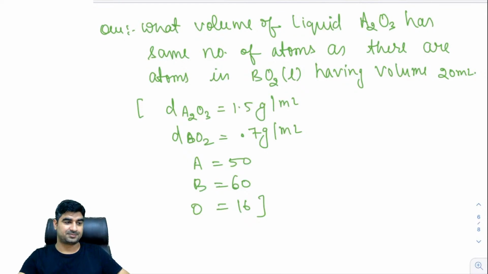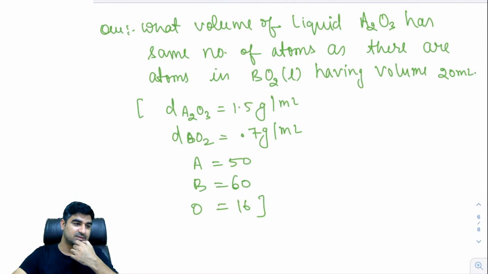Any answers? Any answers? 9 ml. Correct. Somil said 9 ml and it's correct. How are we going to solve it? Yes, tell me how we are going to solve it.